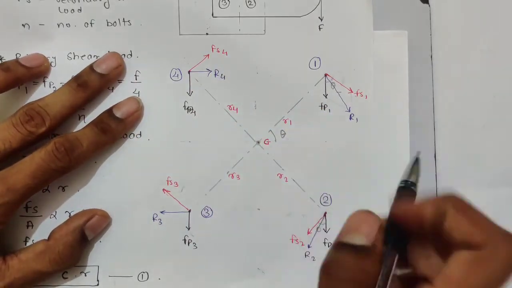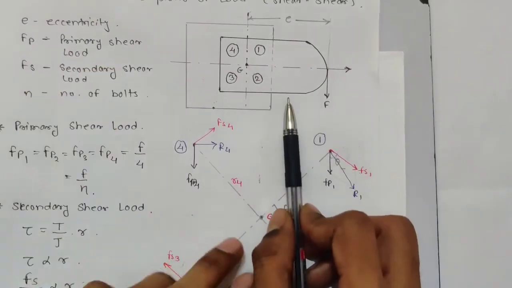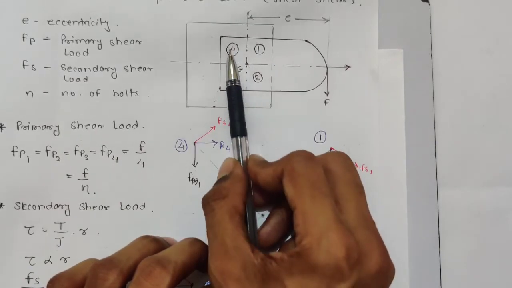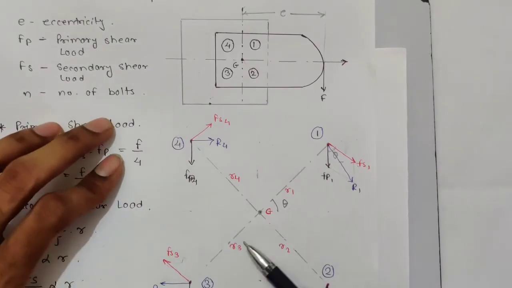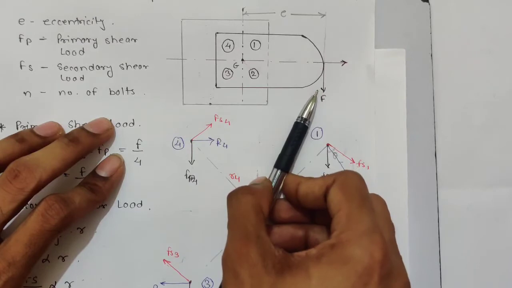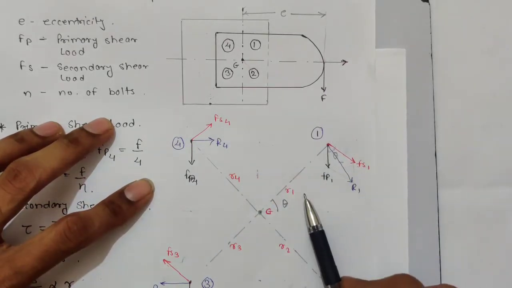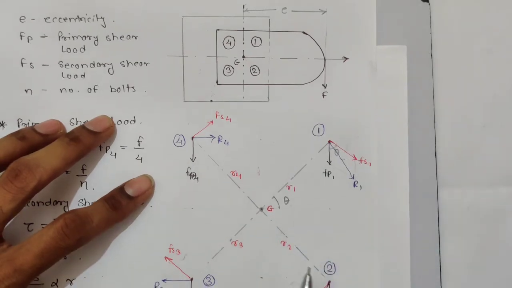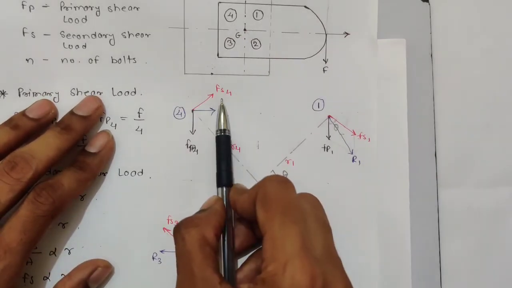Now for the primary shear stress, I said this F will be equal to Fp1 plus Fp2 plus Fp3 plus Fp4, or it is equally divided. Now for the secondary shear load, this moment, which is F into E, is nothing but the moment due to shear load 1 plus the moment due to shear load 2 plus the moment due to shear load 3 plus the moment due to shear load 4.